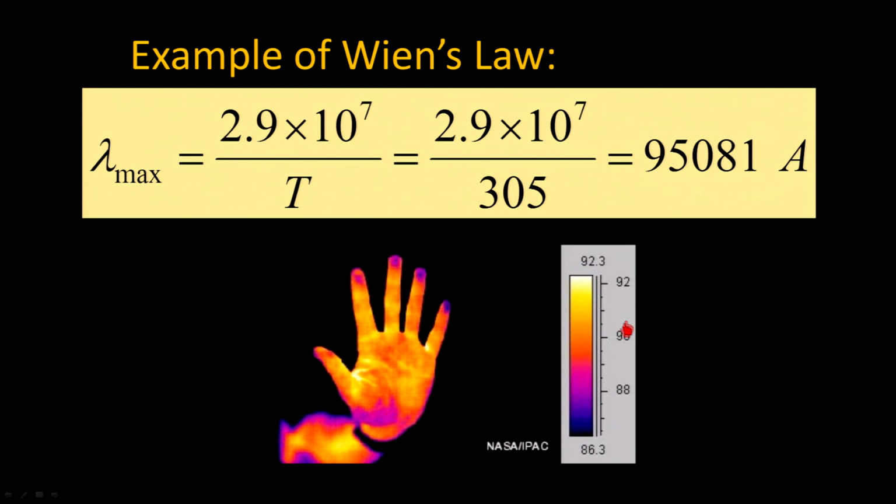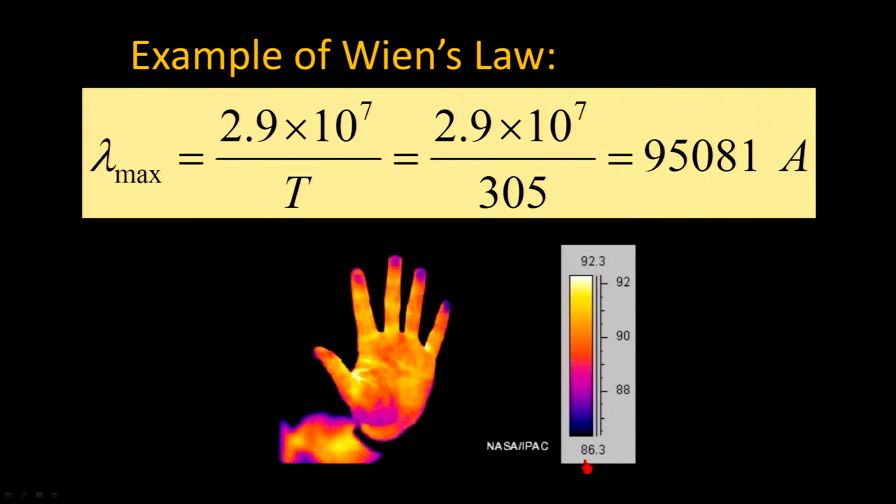Now to show you how this works, the camera has a computer chip that will assign not really random, but artificial colors based on temperature. So this is the scale that shows you the color that is associated with 92 degrees. This is the color associated with 90 degrees. This is the color associated with 88 degrees.